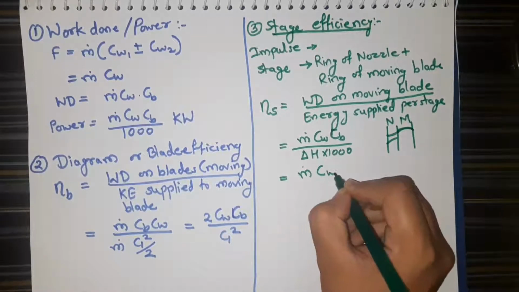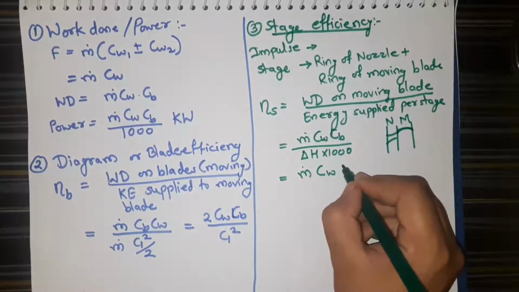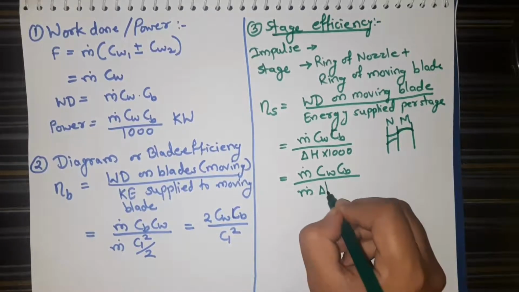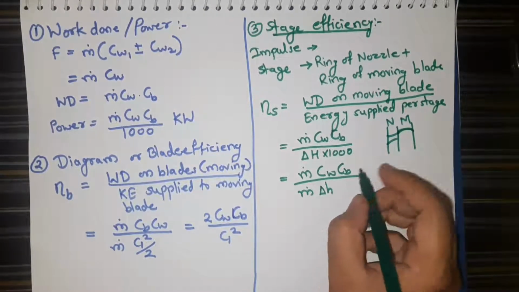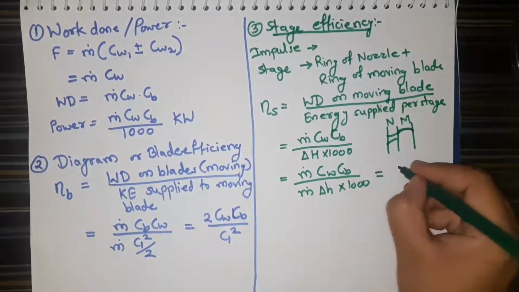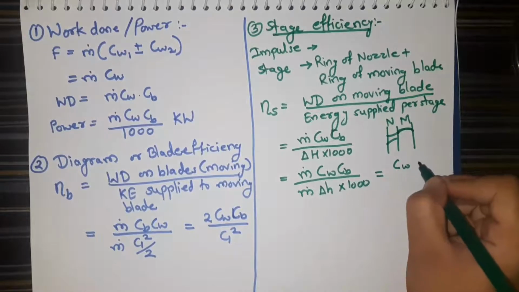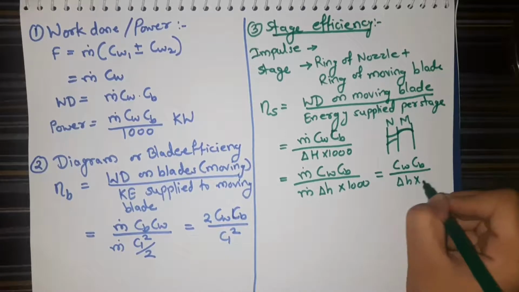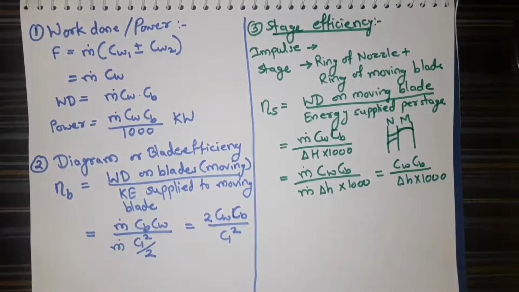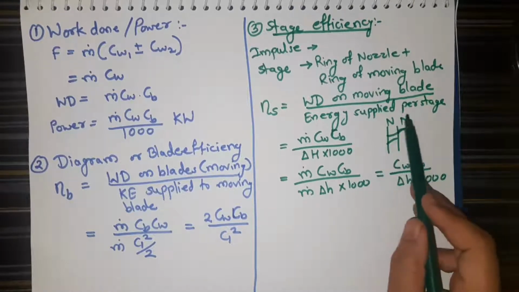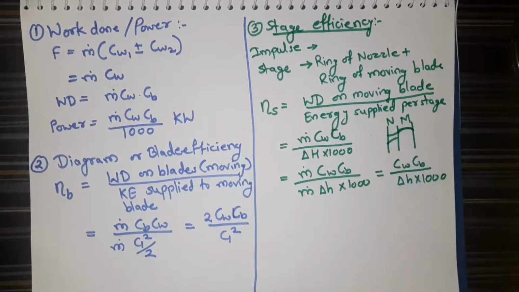So the formula will be m dot Cw Cb by m dot into delta H into 1000, or we can write it as Cw Cb upon delta H into 1000. So this will give you the stage efficiency, that is for the combined nozzle ring and the moving blade ring.